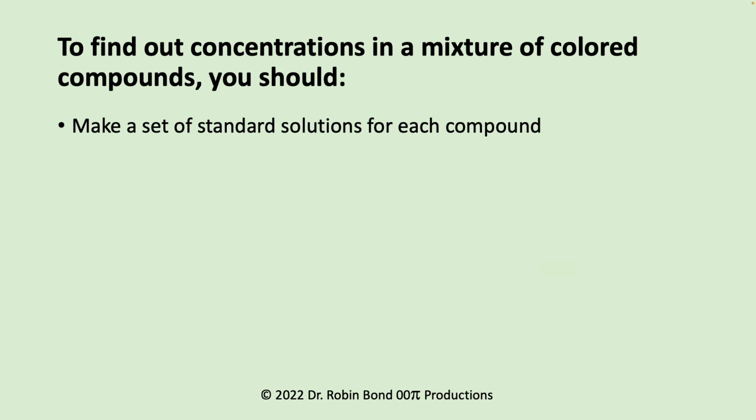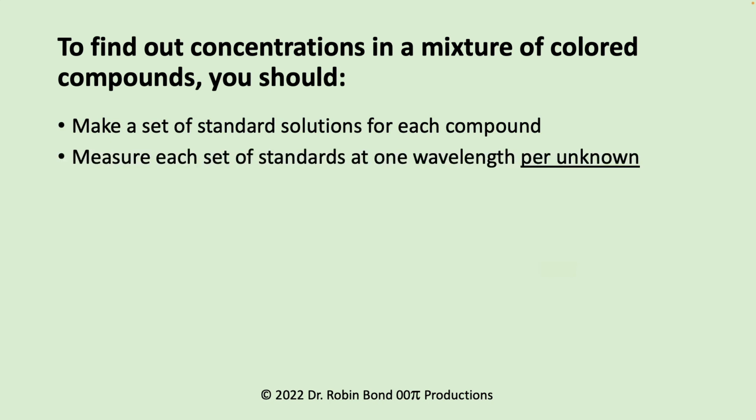You could technically do this for 3 or 4 or even more colored compounds, but you would need a set of standard solutions for every single one of those colored compounds. Next, you're going to measure each set of standards at 1 wavelength per unknown. So for a mixture with 2 compounds, you're going to do 2 wavelengths. If you were doing a mixture of 3 compounds, you would need to measure at 3 wavelengths. The process would still be basically the same.